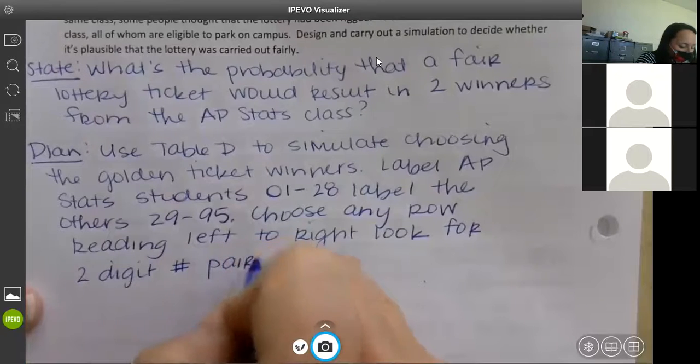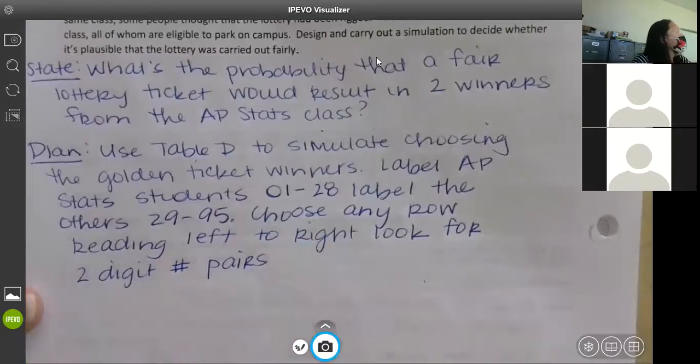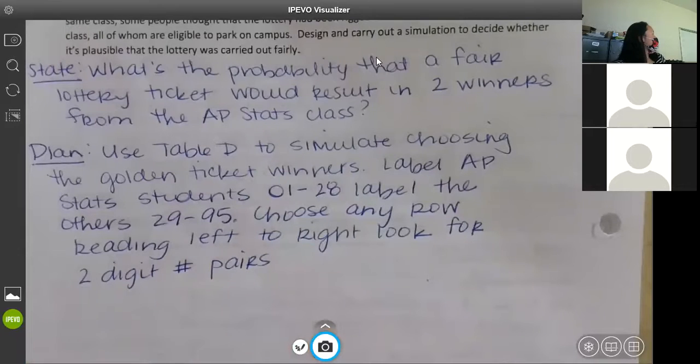Why am I looking for pairs? Because there's two what? I'm looking for a pair of 2-digit numbers. Why? Two lottery tickets. There's two winners.